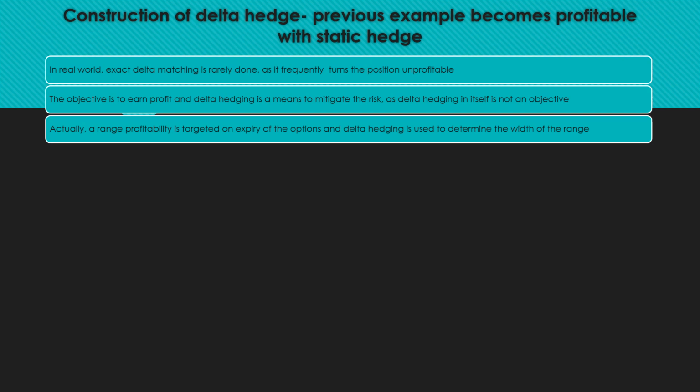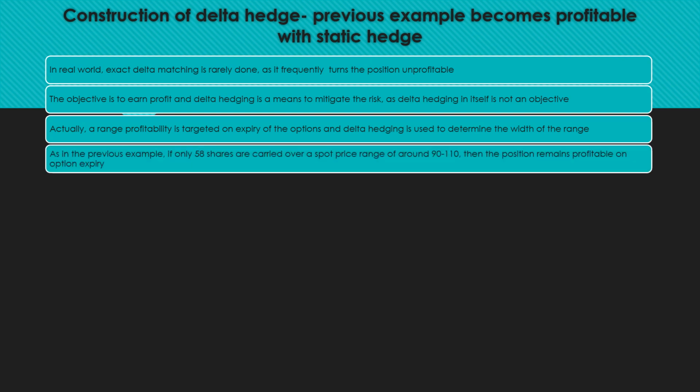Actually, a range of profitability is targeted on expiry of the options, and delta hedging is used to determine the width of the range. As in the previous example, if only 58 shares are carried over a spot price range of around 90 to 100, then the position remains profitable on options expiry.